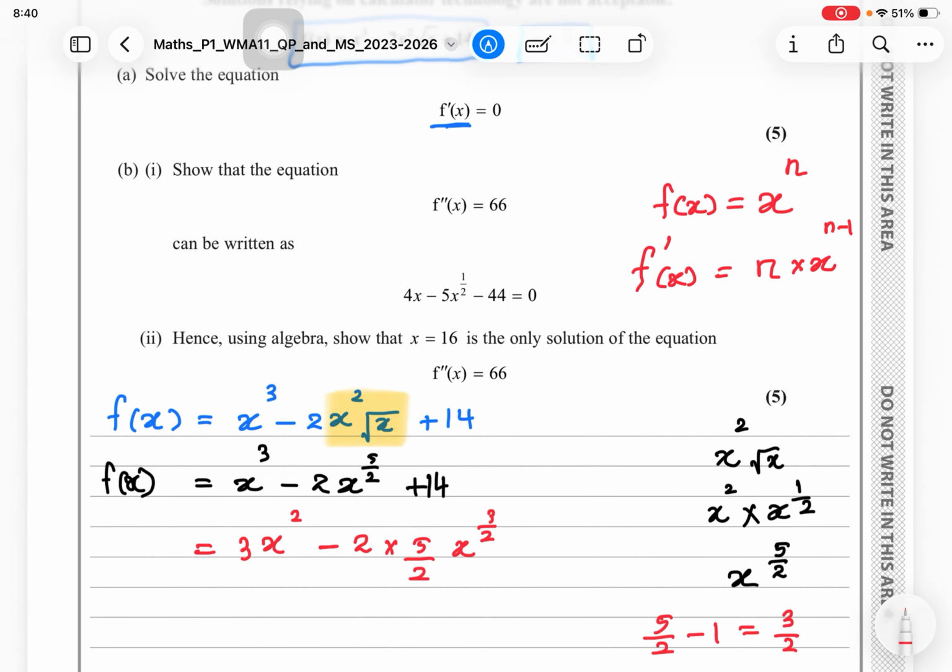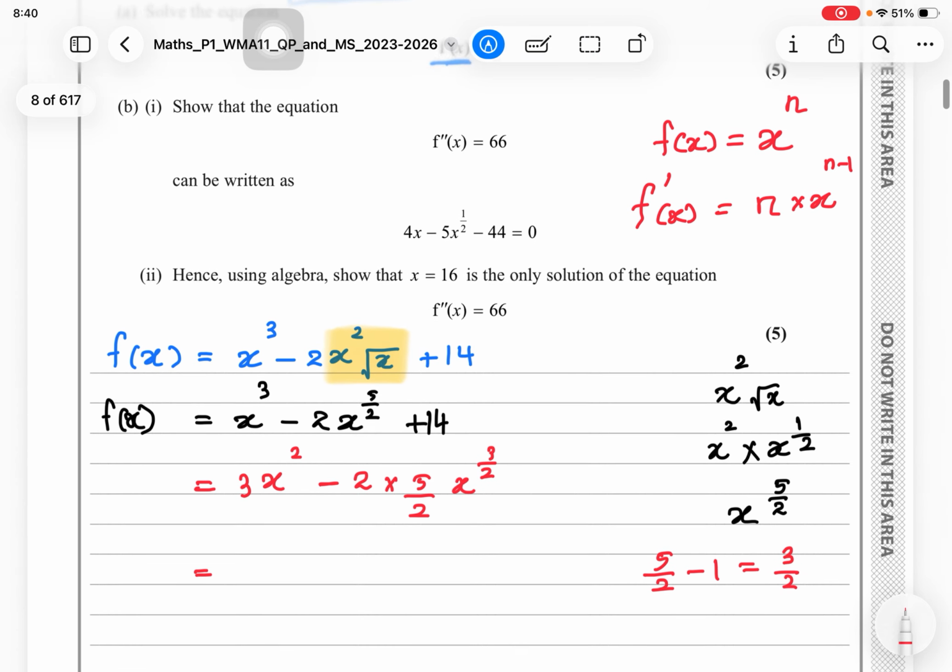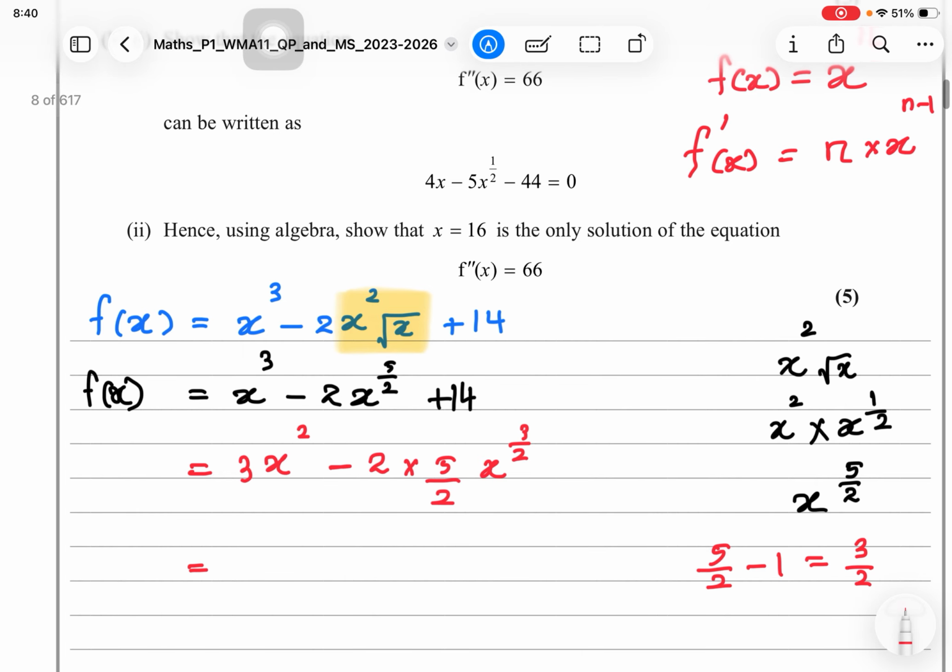When you differentiate a number, it will be 0. So this is 3x squared minus 5x to the power 3 over 2. This is our f'(x).